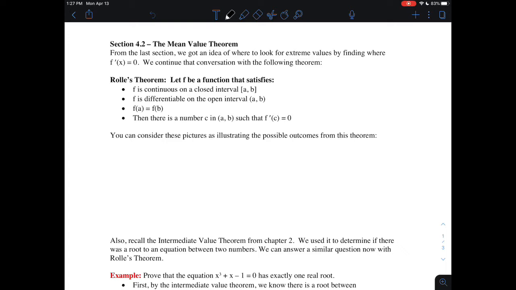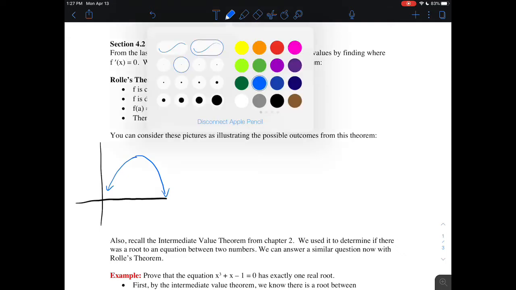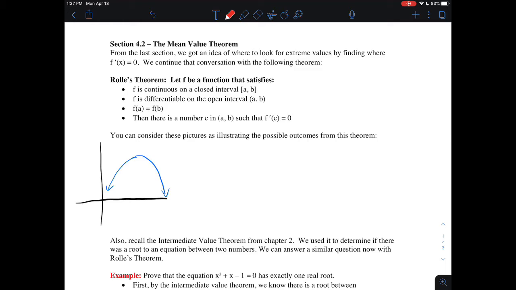equal to 0. So there's a few pictures that we can use just to understand how this might relate to things that we've seen before. So if you think of where you would have some turning points, where the function, say, is going up, but then coming back down again, like a quadratic that is opening down, we've seen that at the vertex, or the top of that, that's where the derivative is equal to 0.